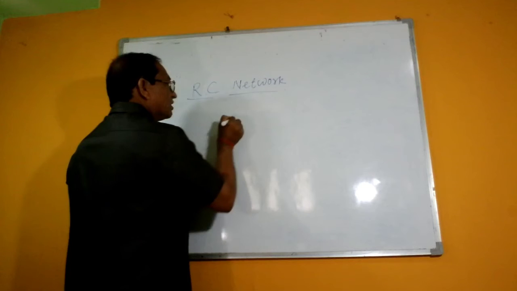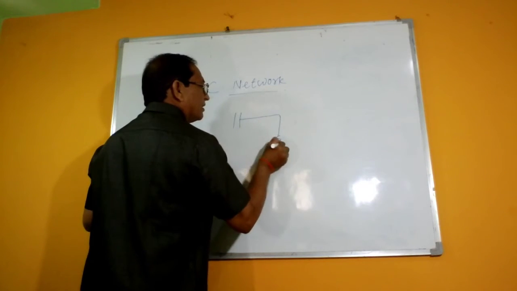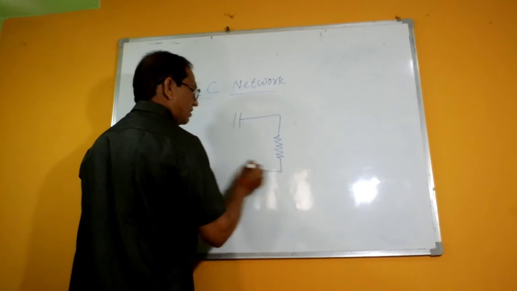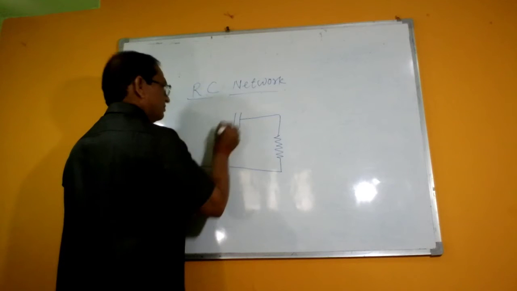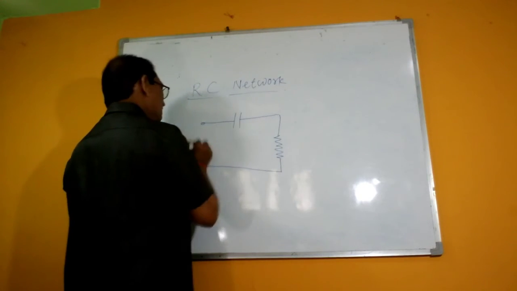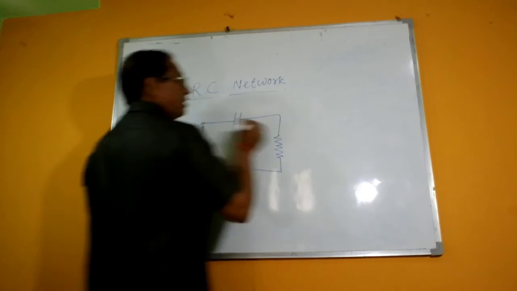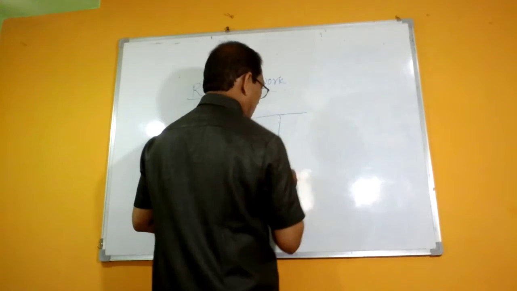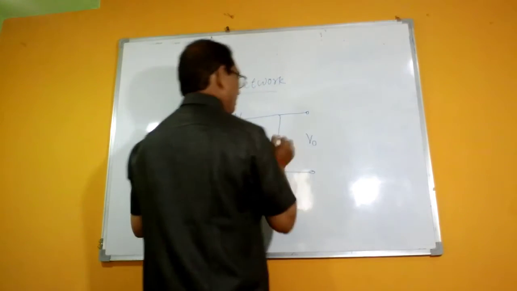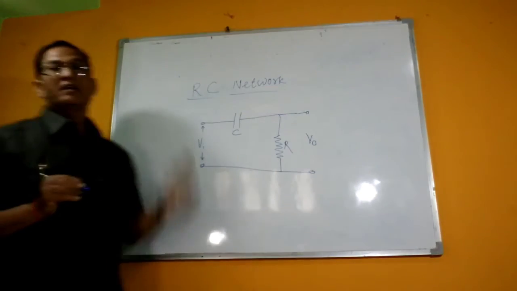This is simply using a capacitor C and a resistance R. Here the voltage applied across the input is VI, and the voltage which we are taking is VO across the output. This is the resistance R and this is the capacitor C. A network having RC.